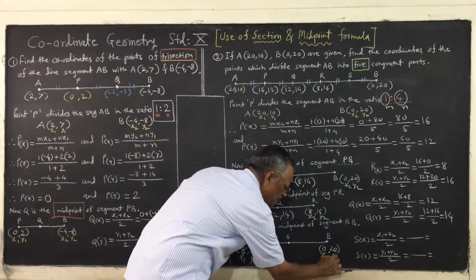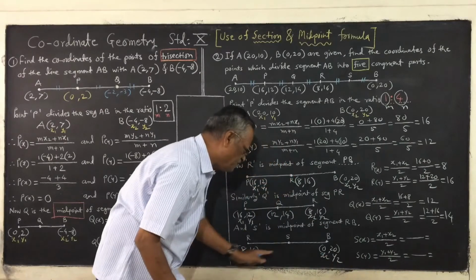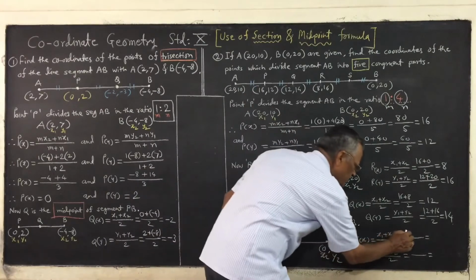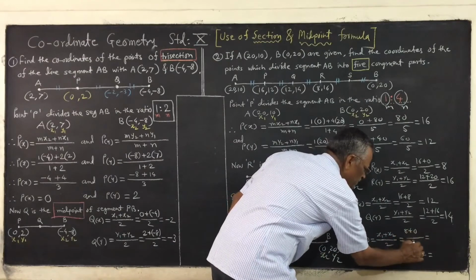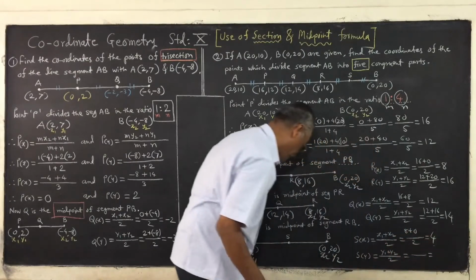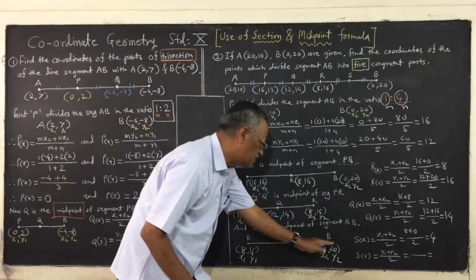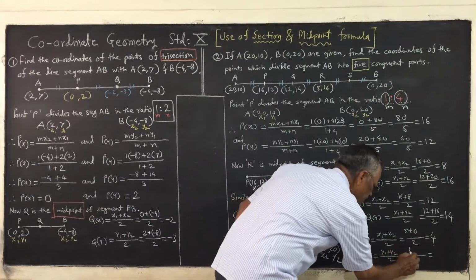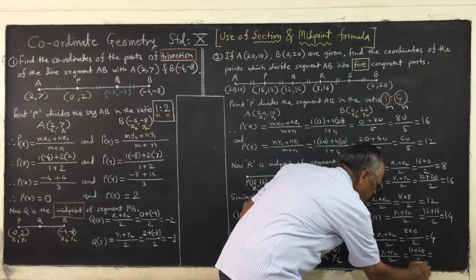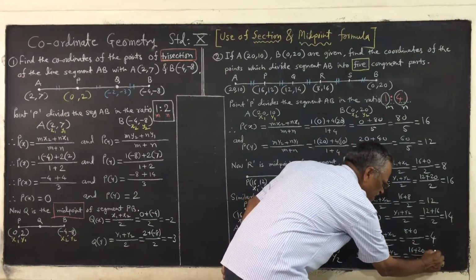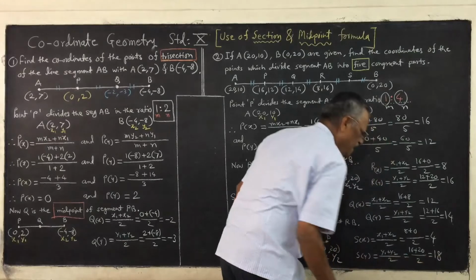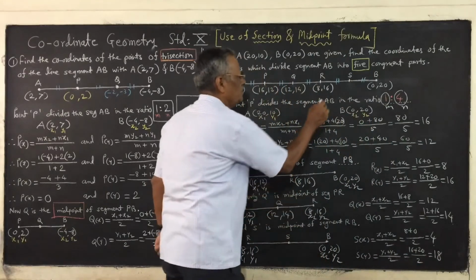This is your x2, y2. 8 plus 0 divided by 2, it is 4. Now y1 plus y2. 16 plus 20 upon 2, it is 36 upon 2, that is 18. So the coordinates of S are 4, 18.